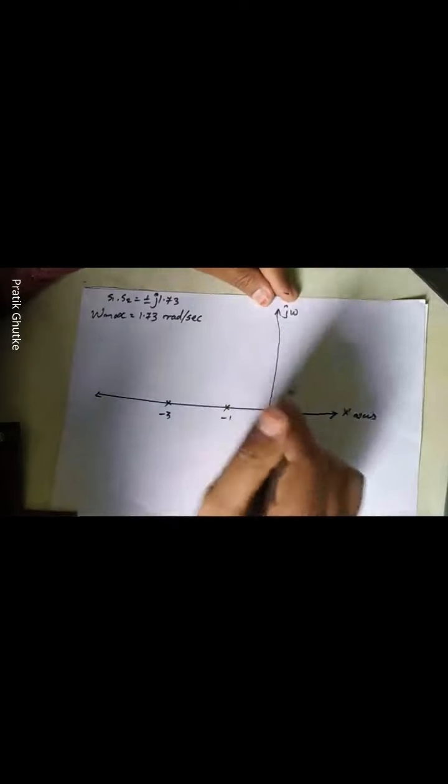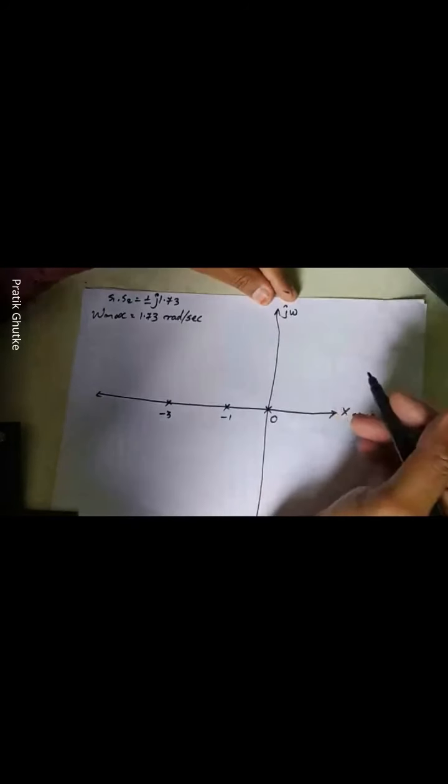So what was my centroid? Centroid -1.33. -1.33 means here, something after -1. This is my centroid.